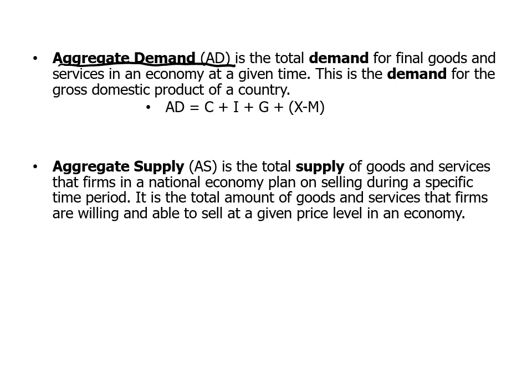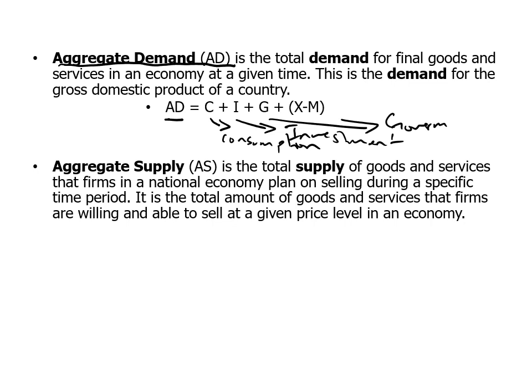Okay, so AD is C, which stands for consumption, I, which stands for investment, G, which stands for government spending, and X, which stands for exports, minus M, which stands for imports.